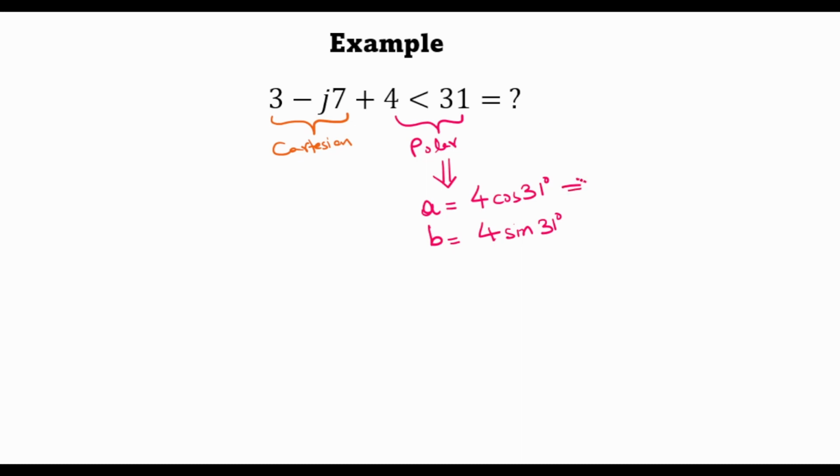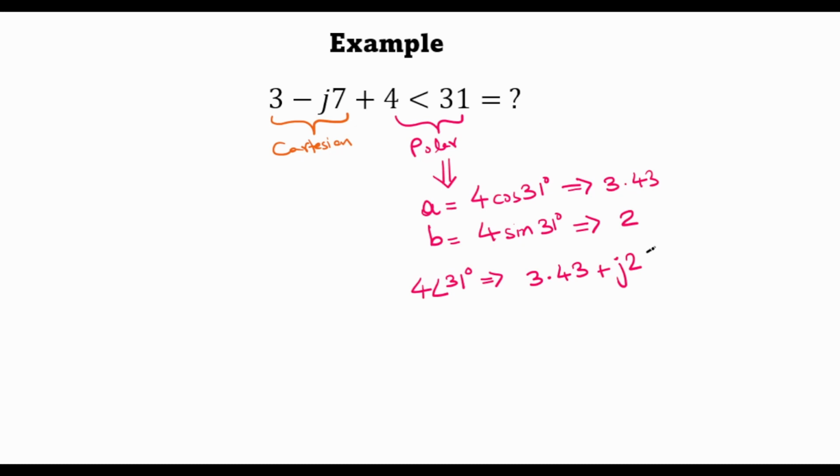This comes out as 3.43 and this comes out as 2. Therefore, 4 angle 31 in the Cartesian domain can be written as 3.43 plus j times 2.